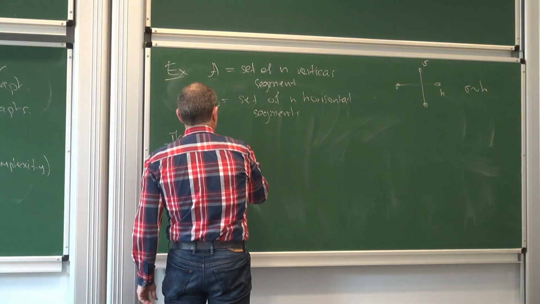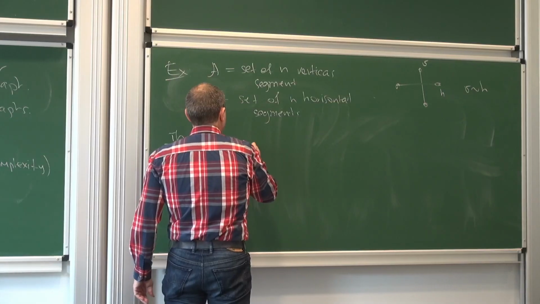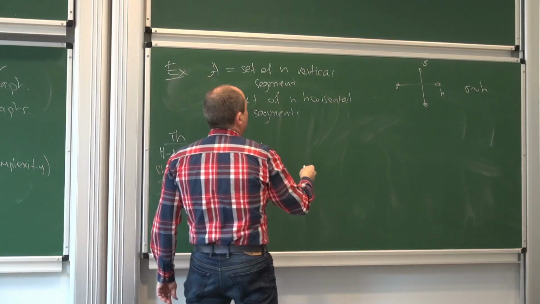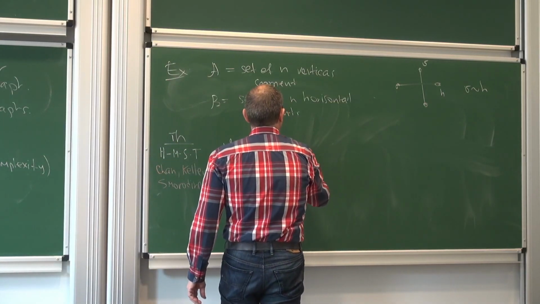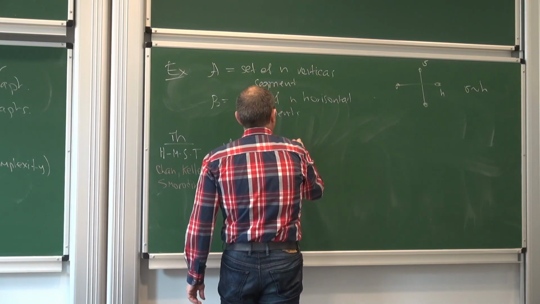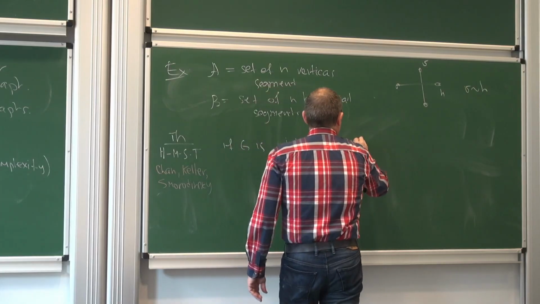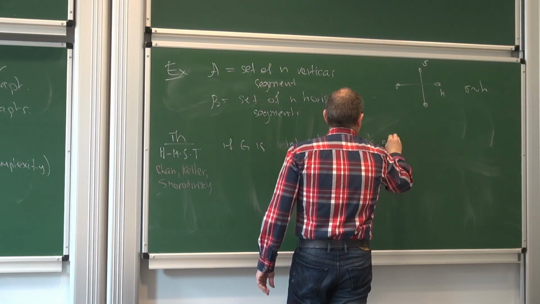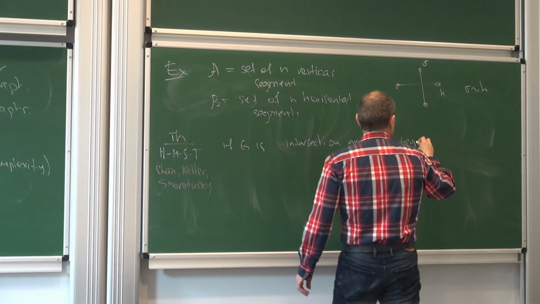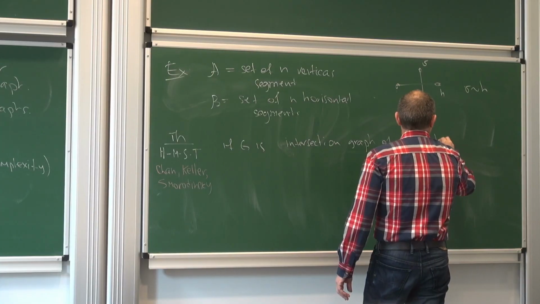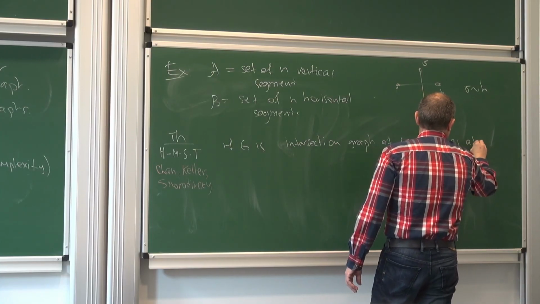So if G is an incidence graph, let's call it an intersection graph of segments as above, right?